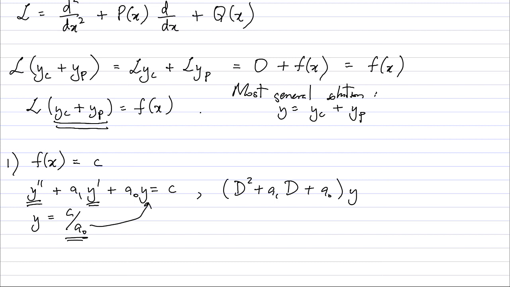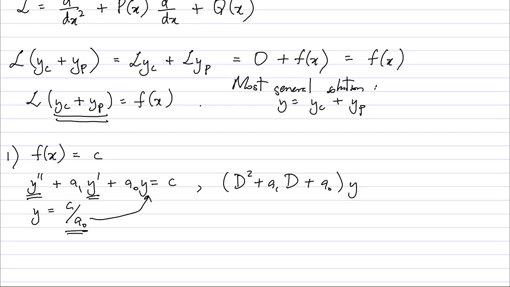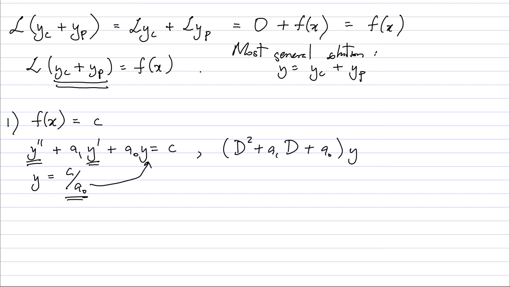So how do you obtain the most general solution to this differential equation? Remember, this is simply y_p. So first of all you find y_c. To find y_c we write D square plus a1 D plus a naught acting on y is equal to 0. So you first find the complementary solution by considering the homogeneous equation.